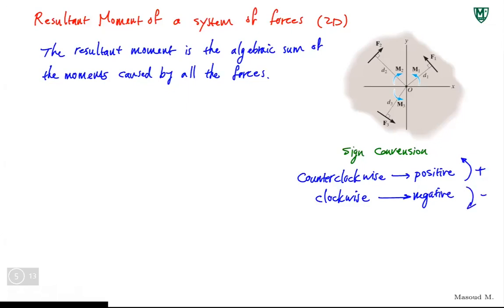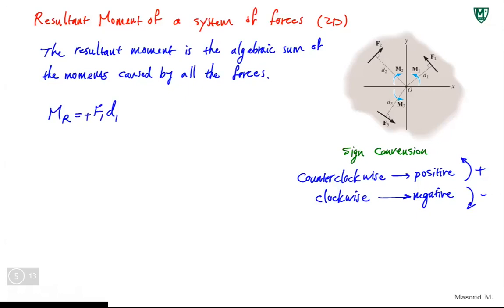This is negative. So looking at these three, for instance, right, F1, in this direction, palm of my hand towards the point O, this is the direction, so that's positive. So F1 creates, in this case, let's say I want to find the resultant moment, would be F1 D1, and it's counterclockwise, so it's positive.